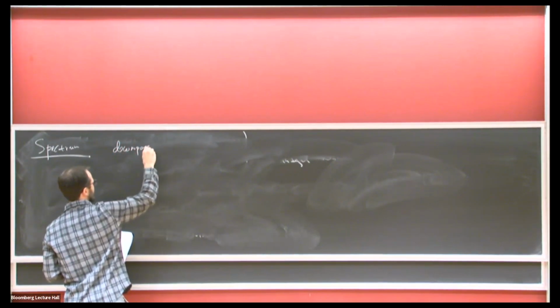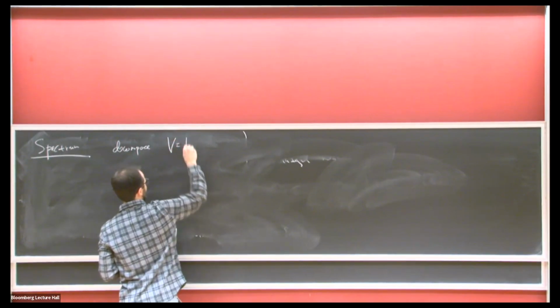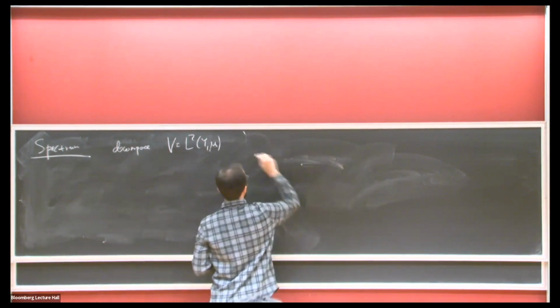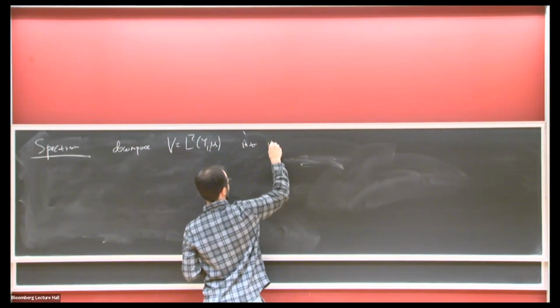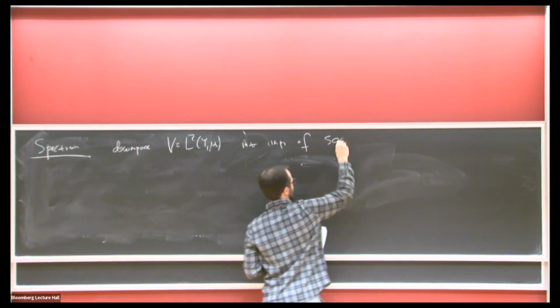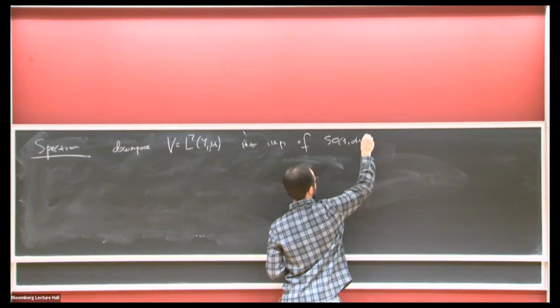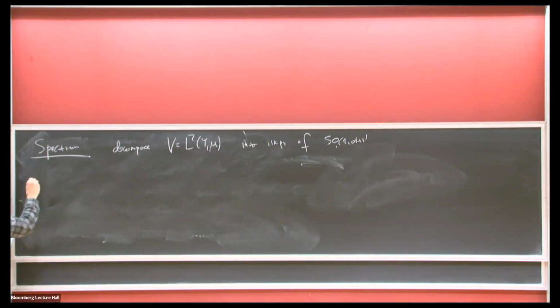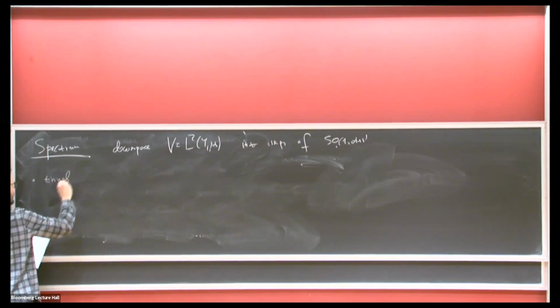So it's a unitary representation of G, perhaps of this group. And these irreps have been classified. Here is a partial list, the list that will be important to us.